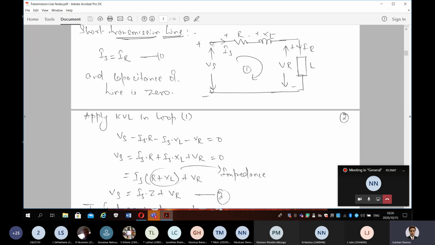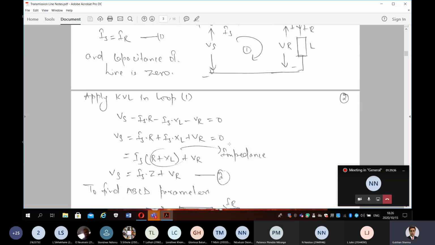So I start from this point, Vs. If I move from this point to this point, there will be a drop in the voltage. I will write Vs minus Is into R, minus Is into XL, and finally minus VR equals 0.